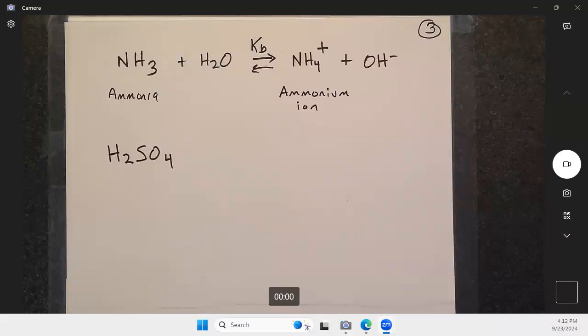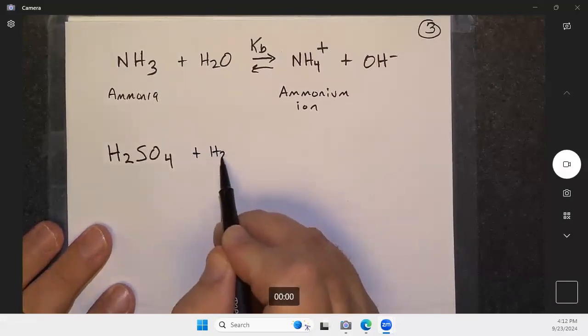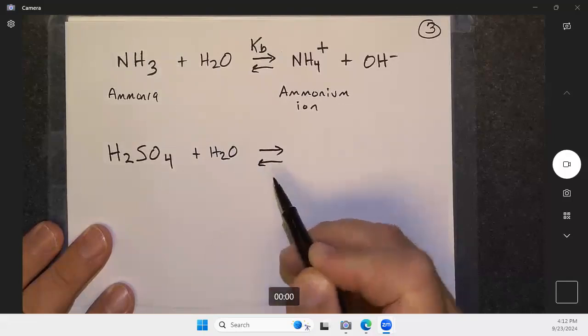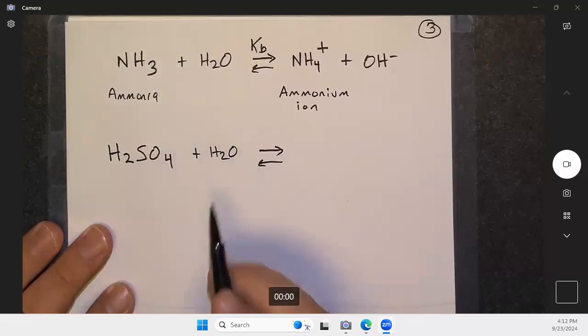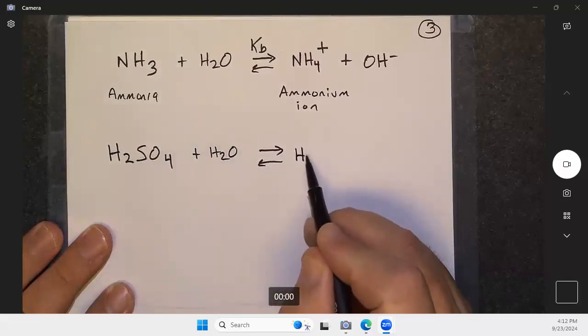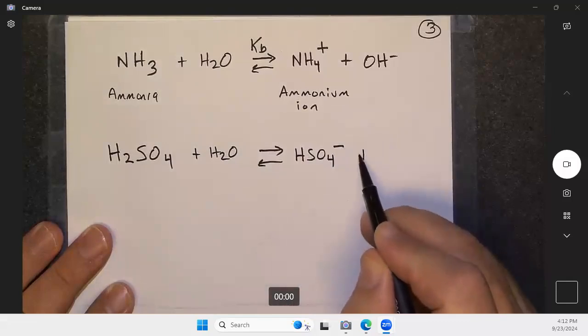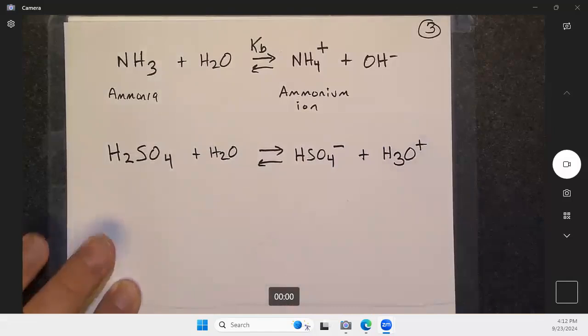And so it's a strong acid, so we can write a Bronsted-Lowry type reaction here where the H2SO4 is going to protonate the water and we get HSO4 minus plus H3O plus.